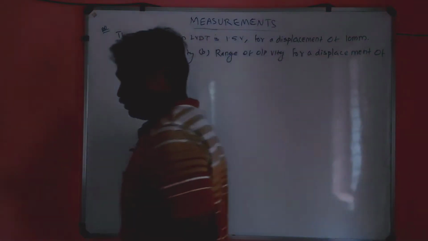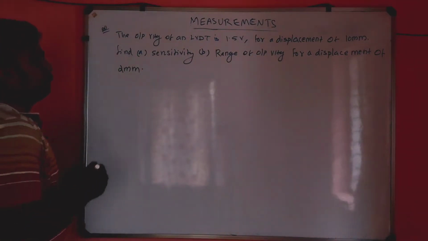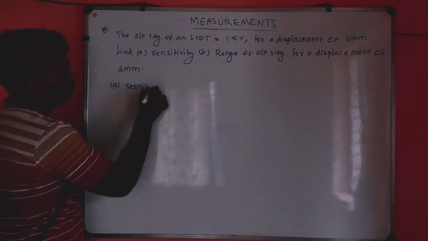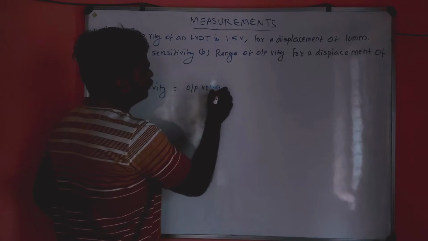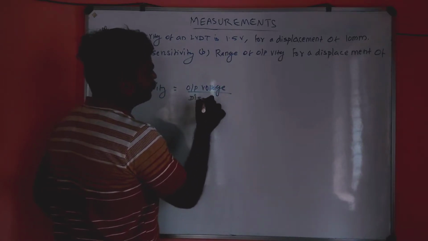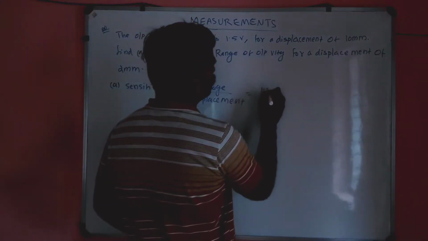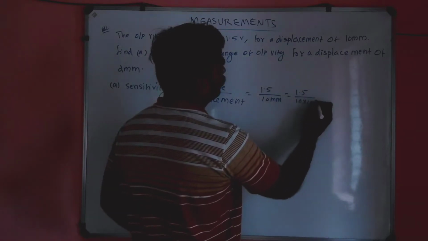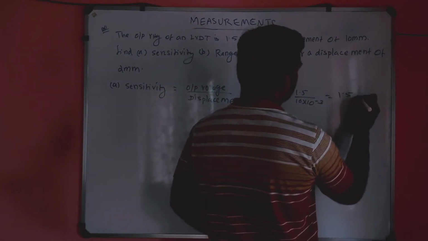So listen, the output voltage of an LVDT is 1.5 volt for a displacement of 10 mm. So what is the sensitivity? Sensitivity is nothing but output voltage divided by input, which is the displacement. The output voltage is given directly, so 1.5 divided by 10 mm.